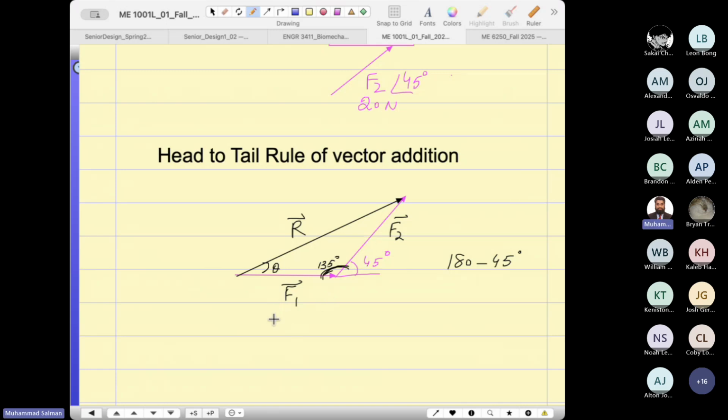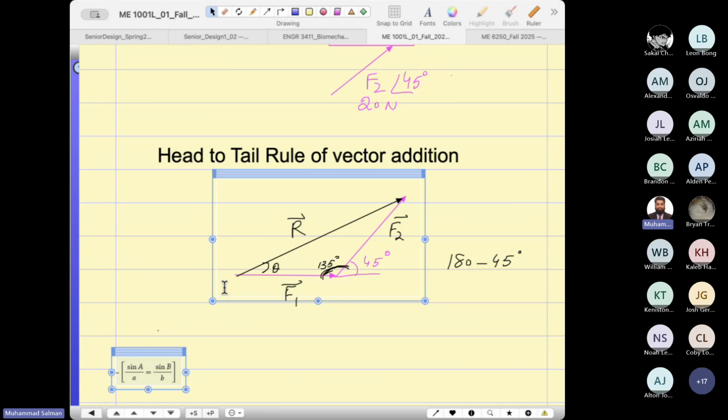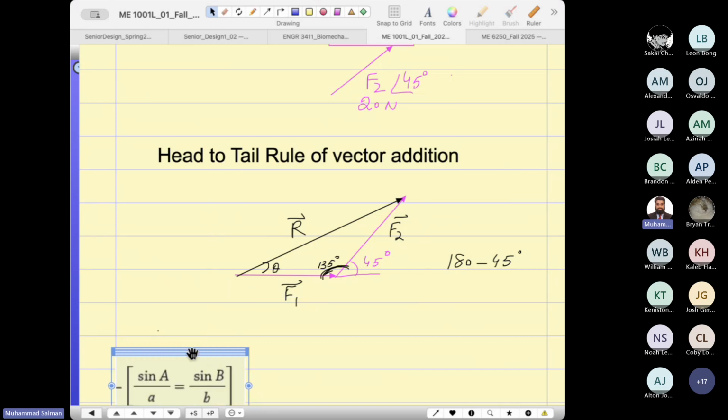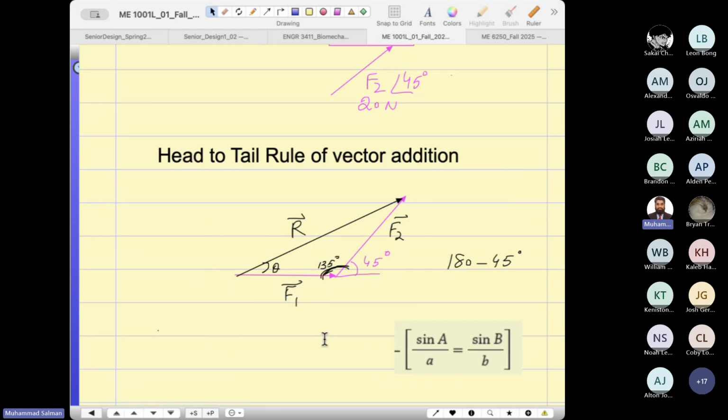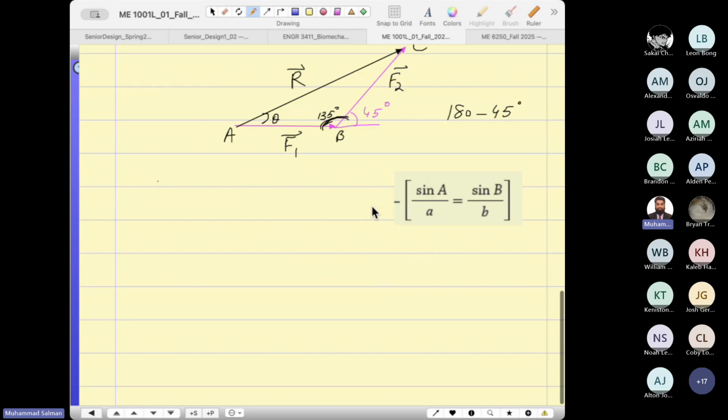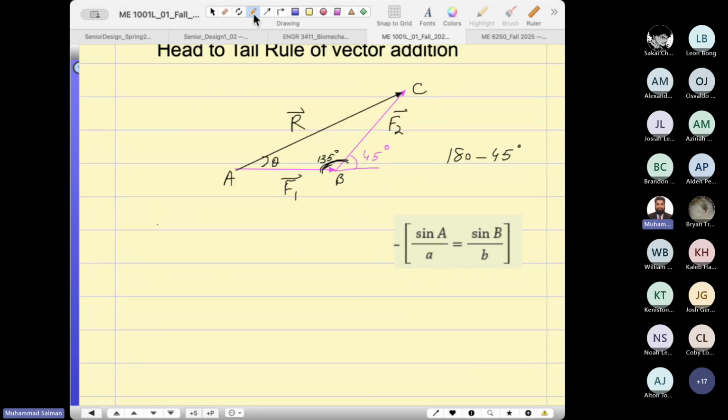Okay. So the law of cosines, and there is another law of sines. You will be using these laws for finding the angles. Suppose this is A, this is B, this is C. Let's apply the law of cosines for finding this side, which is opposite to this.